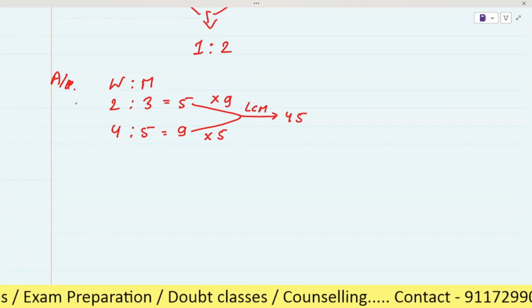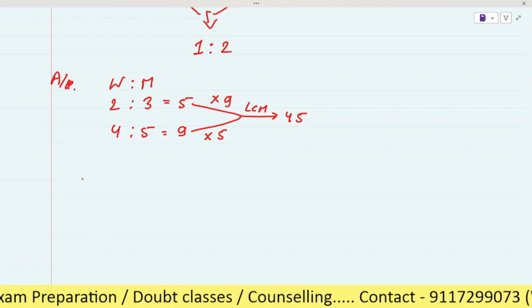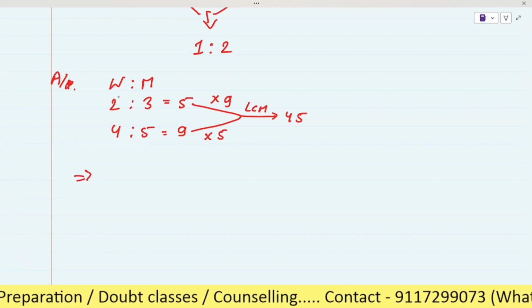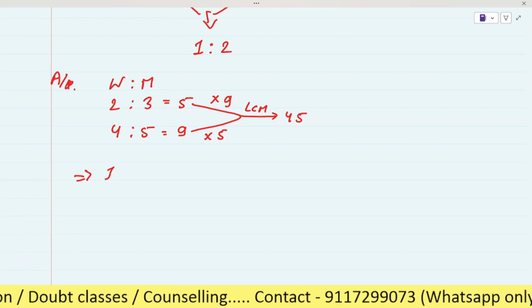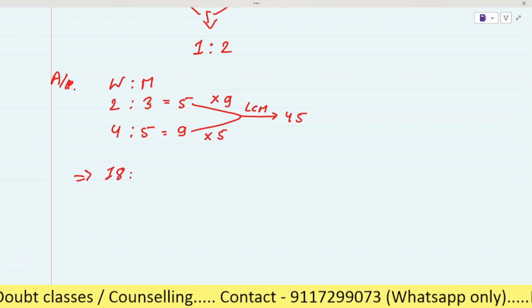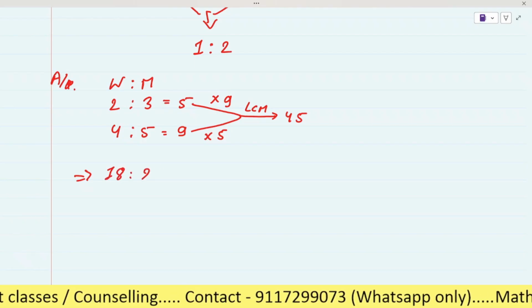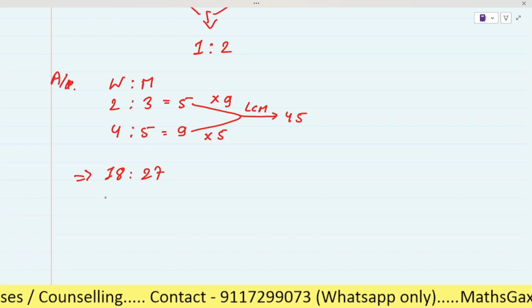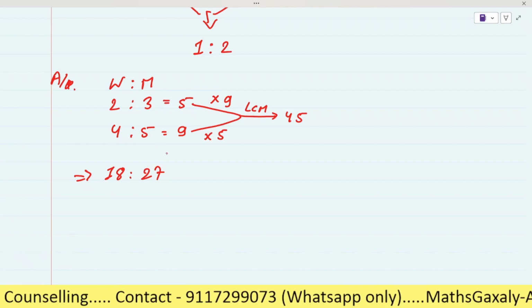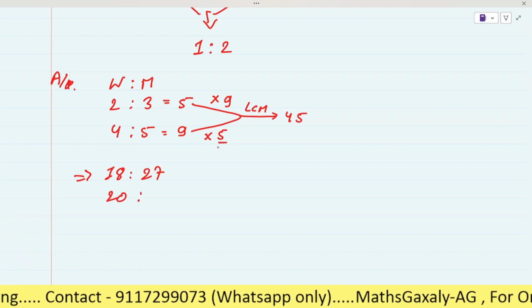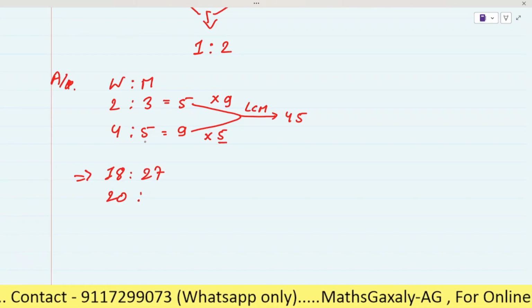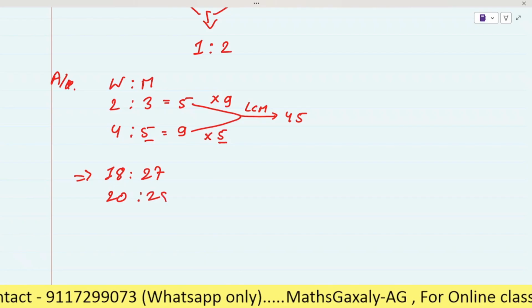Means to the first container we have to multiply by 9. So the water will become 2 times 9, 18, and milk will become 3 times 9, 27. And in the second container it will become 4 times 5, 20, and milk 5 times 5, 25.